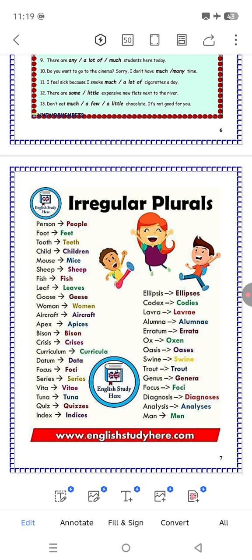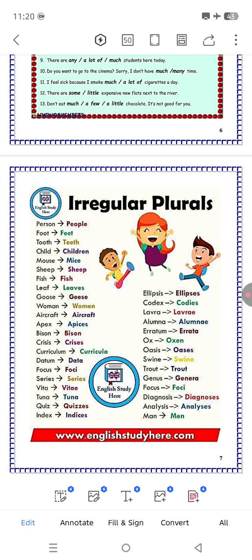For example, we have different species of fish: we have salmon, tuna, carp. So here you are not referring to fish as a group, you are referring to these different kinds or species of fish. So you are pluralizing the types here.